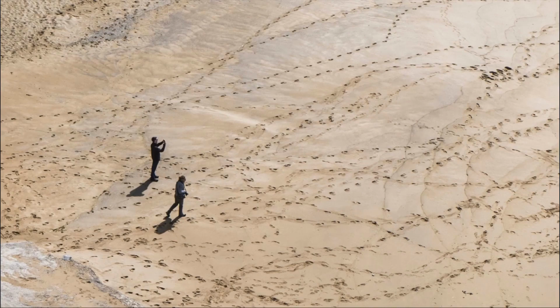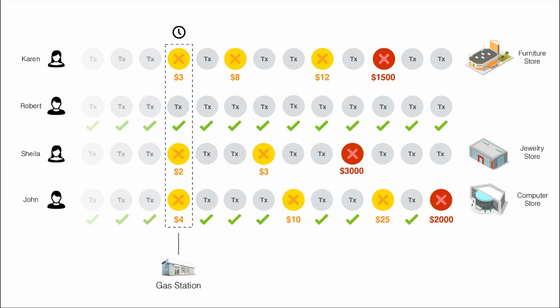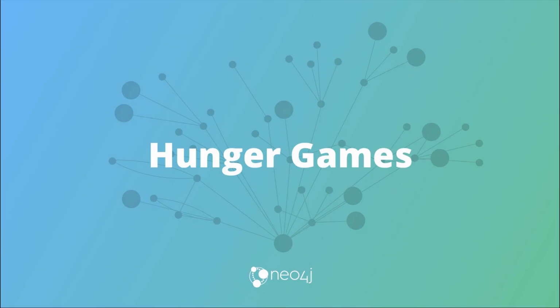And that's what makes a graph, not just the single lines. But by combining things together, we can go back and say, hey, look, they all went to the same gas station. And this is probably where they got their credit card information stolen that caused these fraud things to happen later on, which is kind of neat.